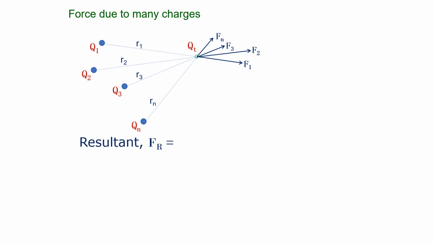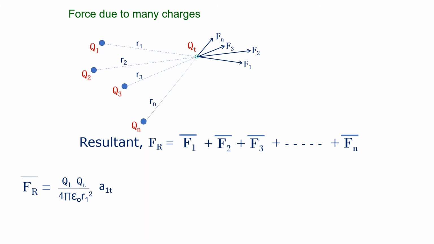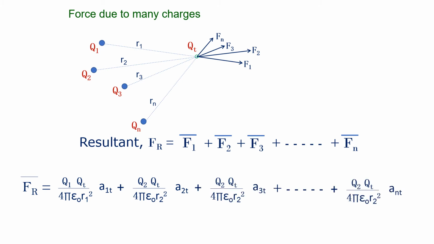The resultant force Fr will be equal to the vectorial sum of F1, F2, F3 and so on Fn. By Coulomb's law, F1 is Q1 Qt divided by 4 pi epsilon naught R1 square A1t. Likewise, F2 bar, F3 bar and so on Fn bar.